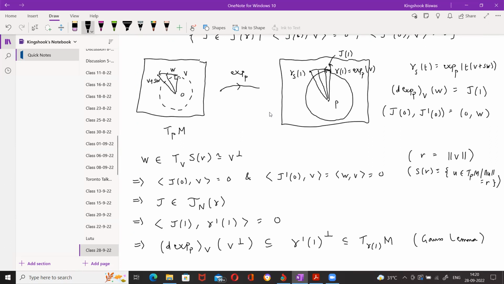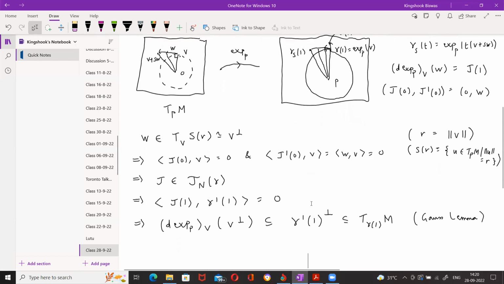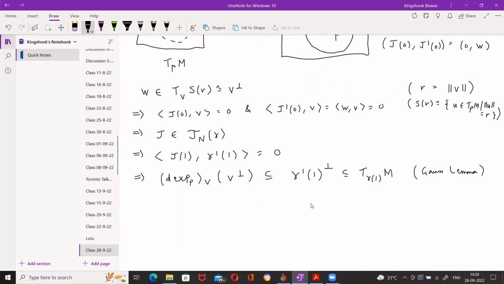Okay. So this V perp is identified with the tangent space to the sphere in the tangent space, and the derivative of the exponential map at V maps this to the tangent space at the point gamma(1) to the geodesic sphere S_P,R, and this is equal to gamma prime 1 perp.